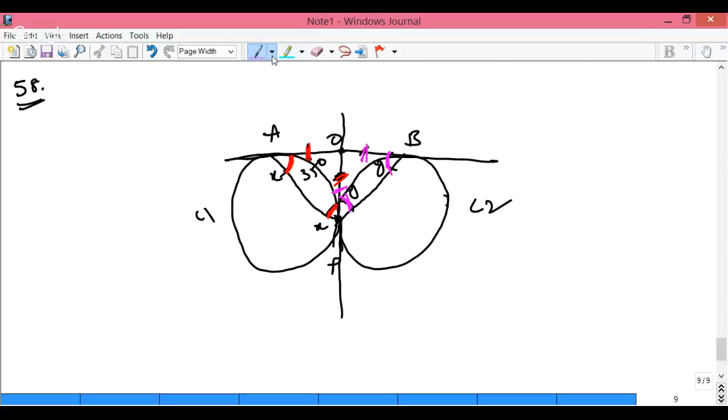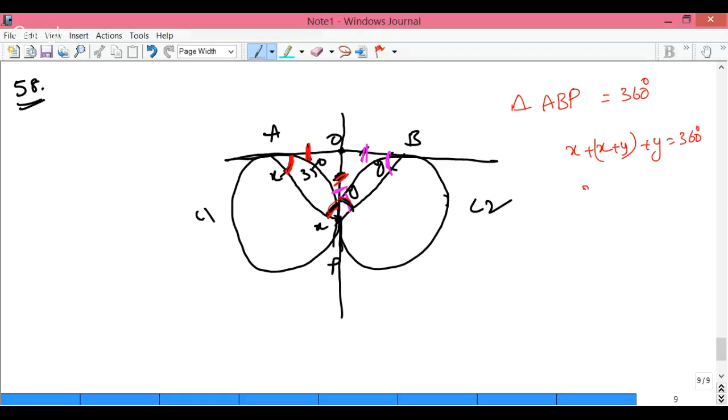Now consider the triangle ABP. The sum of angles must be equal to 180 degrees. So x plus x plus y plus y must be equal to 360 degrees.